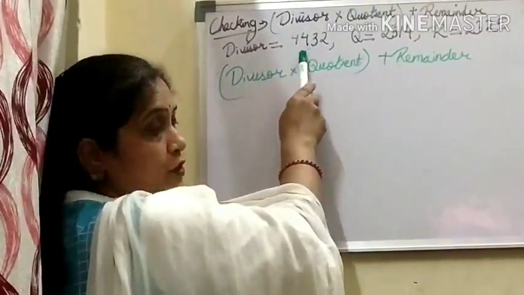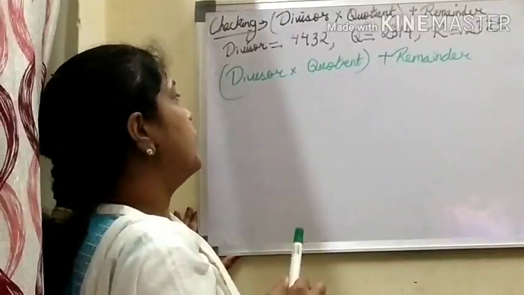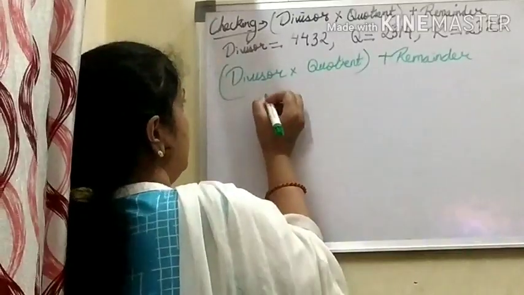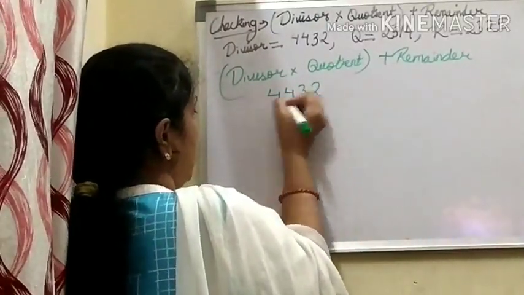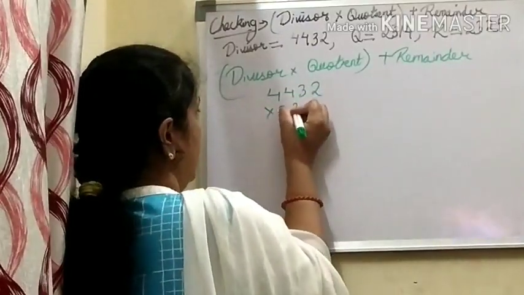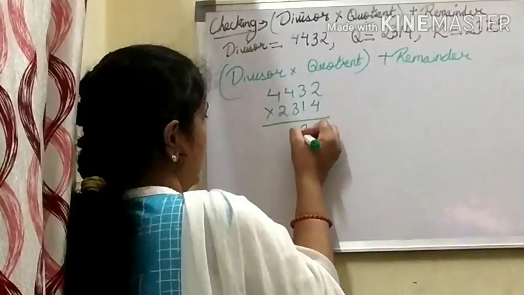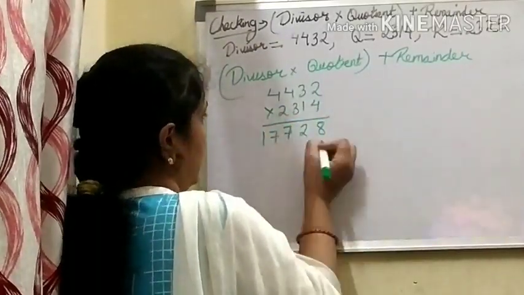Divisor here is 4432, quotient is 2314 and the remainder is 2325. I have written the formula: divisor into quotient plus remainder. Now let us find the product. 4432 multiplied by 2314. 4 twos are 8, 4 threes are 12, 17, 4 fours are 16 plus 1, 17 I got.